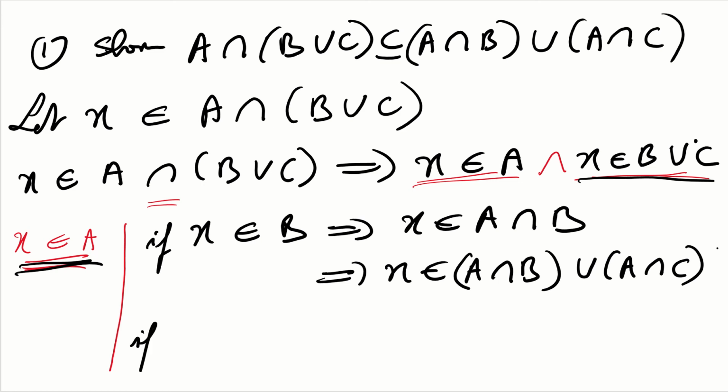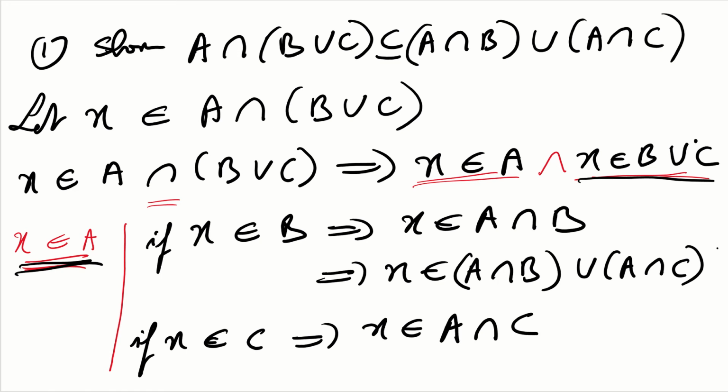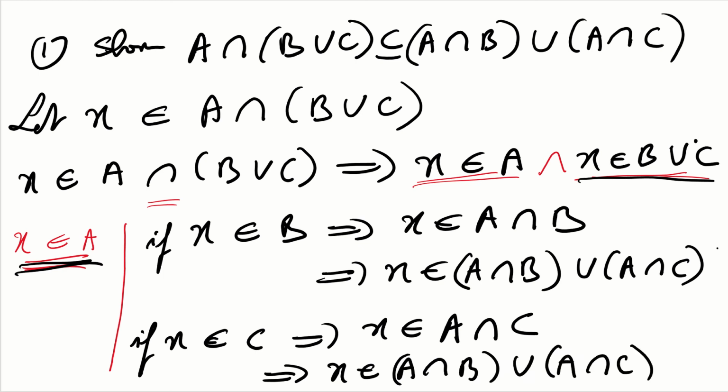Now if x is in C, this implies that x is in A intersection C, because x is already in A, and if x is in C, then x is in the intersection since it is in both sets. Then we can conclude that x is in (A intersection B) union (A intersection C).